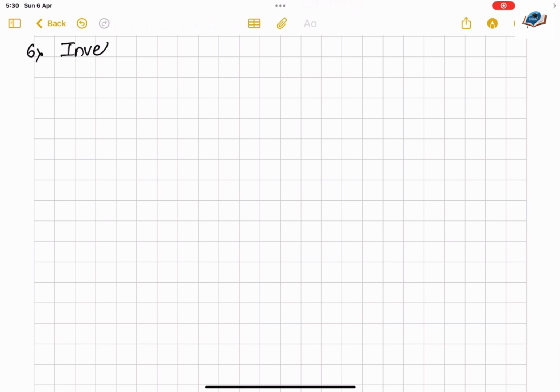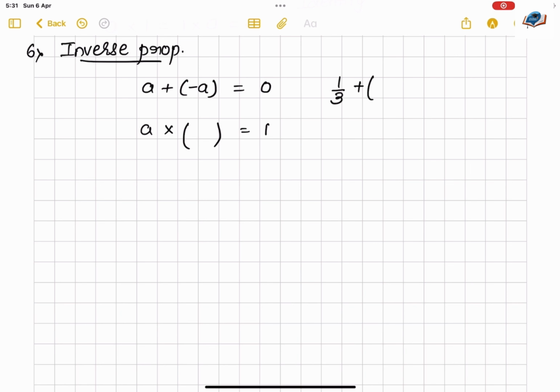Now the inverse property, what it says, for addition: A plus what I will add, so that I get the identity. And for multiplication, it says A into what I bring, so that I get 1. So it is clear that to A I have to add minus A to get 0. The opposite of that, like if I take 1 by 3 as A, then if I add minus 1 by 3, I will get 0 here.